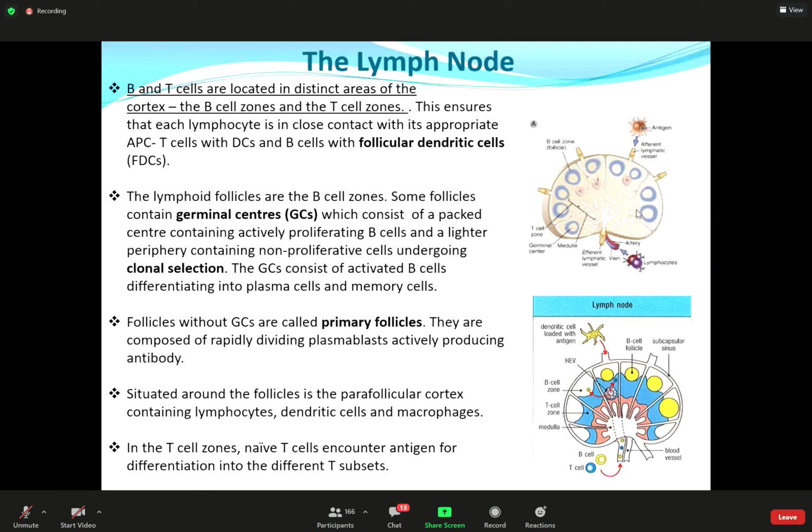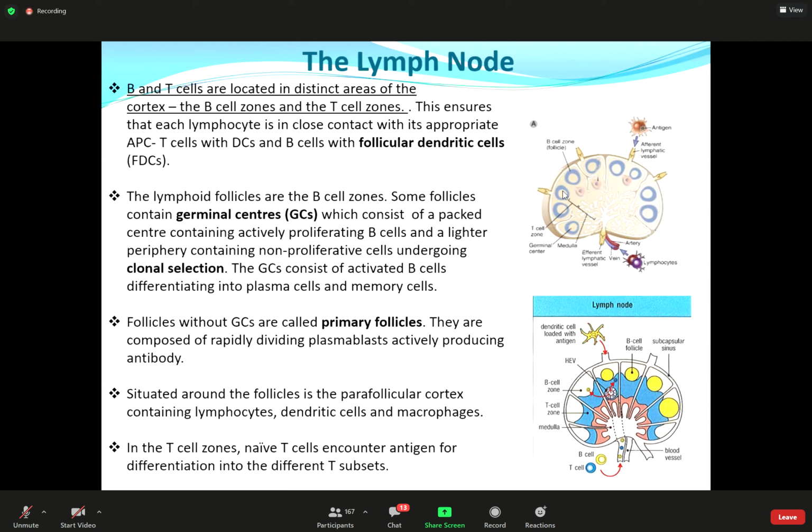And you'll see that within the cortical region, in other words, the outside region, you have these things which look like boiled eggs.